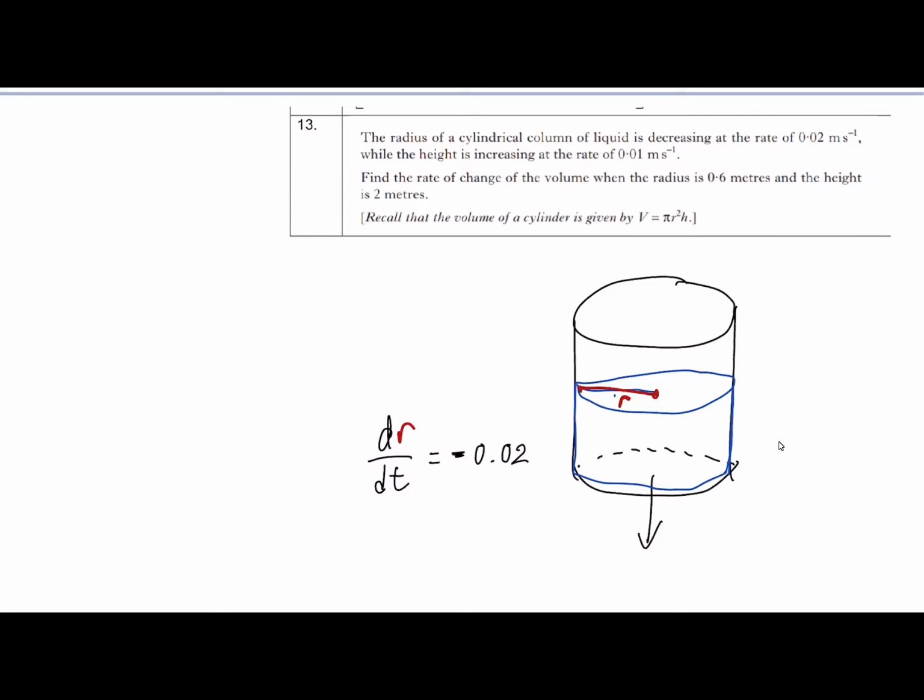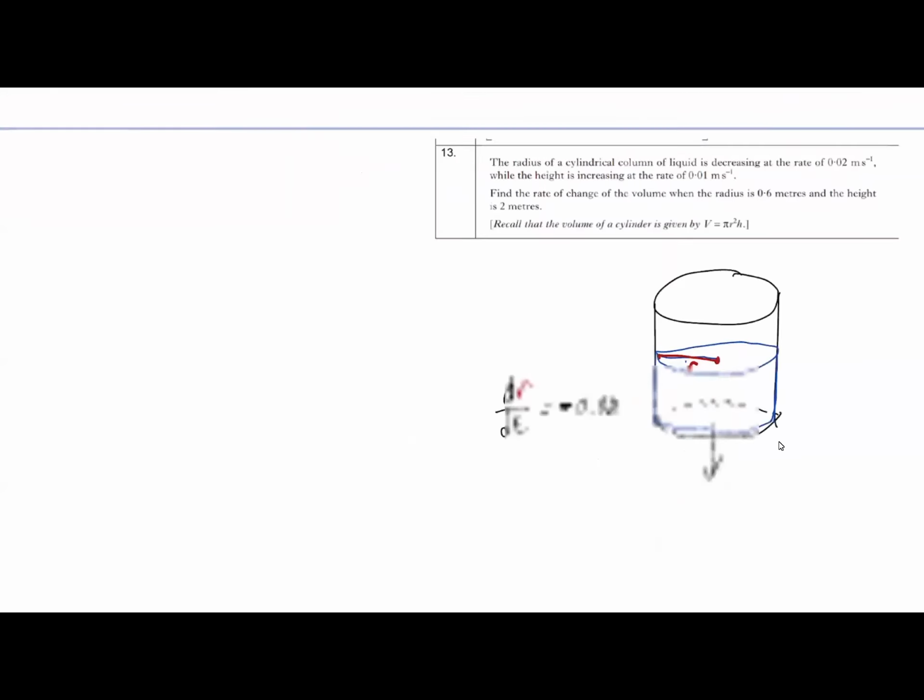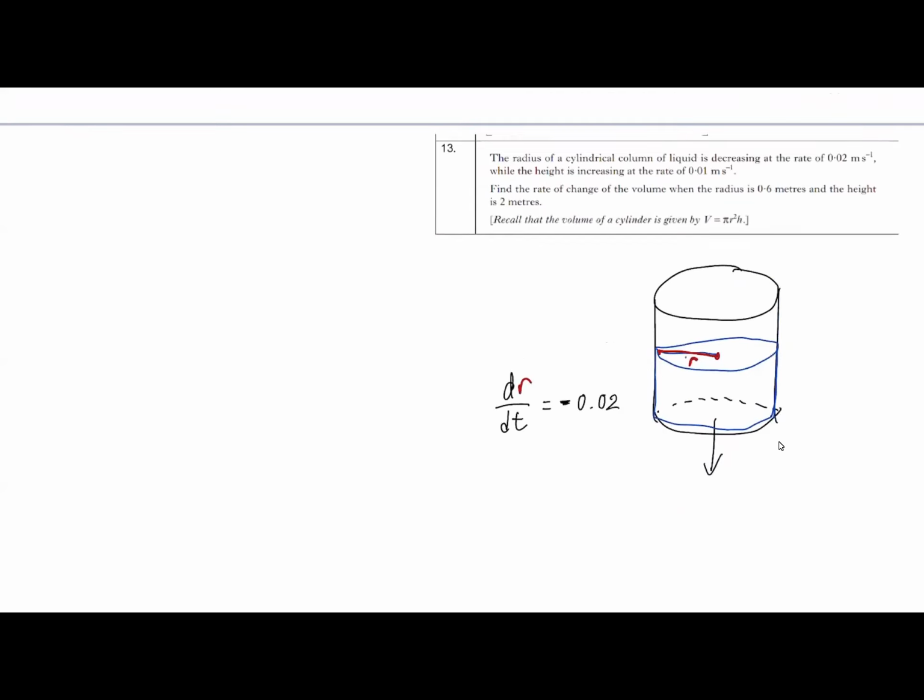But I'm a bit confused by the diagram. How can the radius of a cylinder be decreasing? Shouldn't the radius always be the same length? I don't know. Okay, ignoring that fact, probably maybe it's a cone.